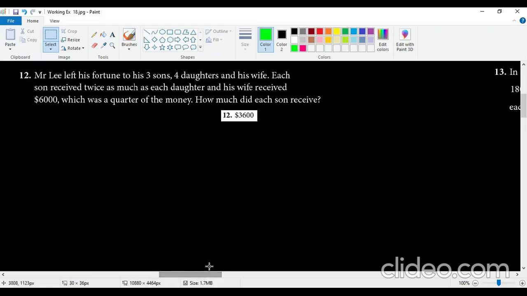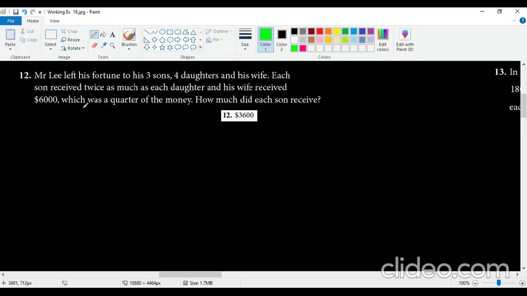Now in question number 12, it says Mr. Lee left his fortune for his 3 sons, 4 daughters, and his wife. Each son received twice as much as each daughter, and his wife receives 6,000 only, which was a quarter of the money. How much did each son receive?